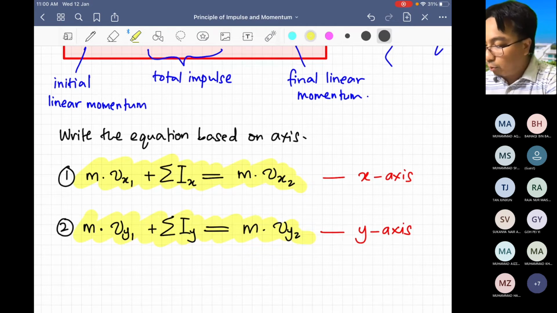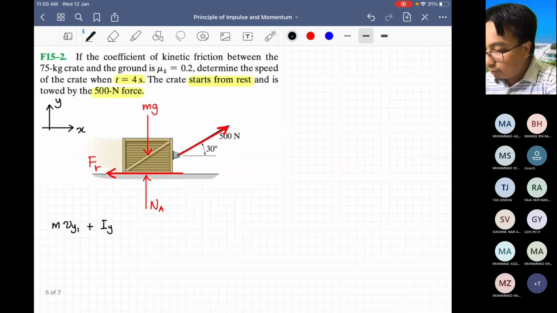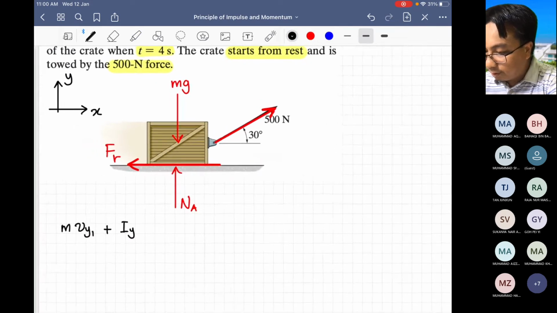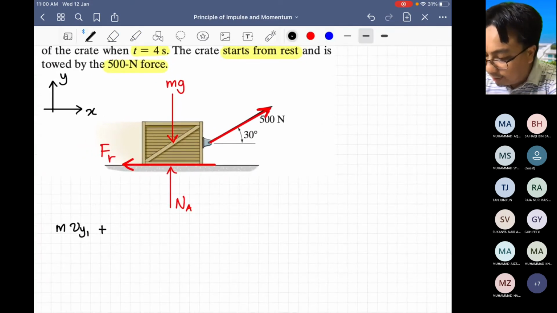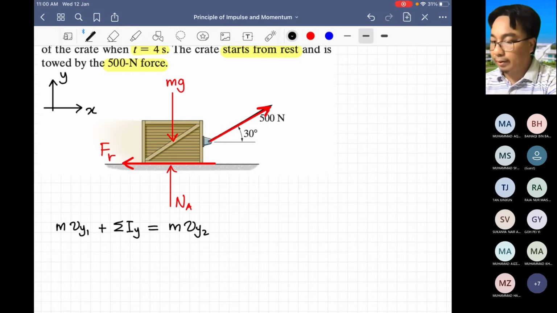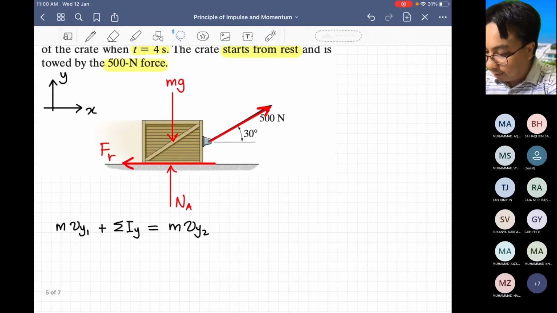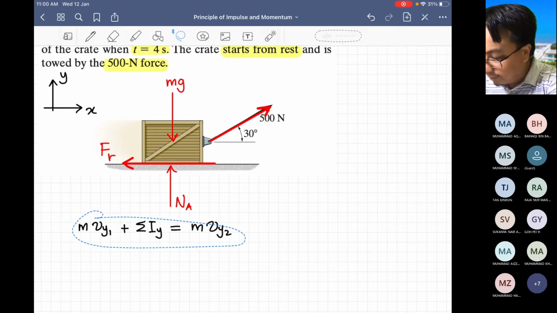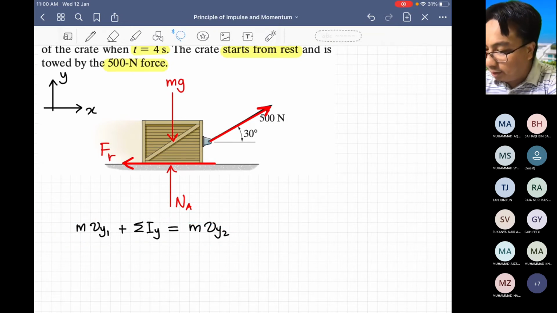Alright. Okay, now going back to our problem here. I am gonna write total Iy is equal to mvy2. Okay, dekat sini kita boleh indicate positif ke arah mana.